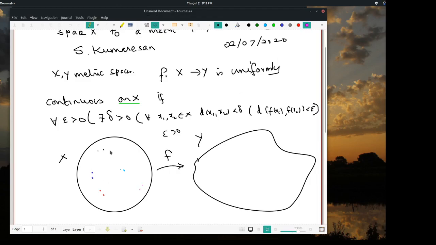I don't care where the two points are, but as long as their distance is less than delta, then I look at their images.